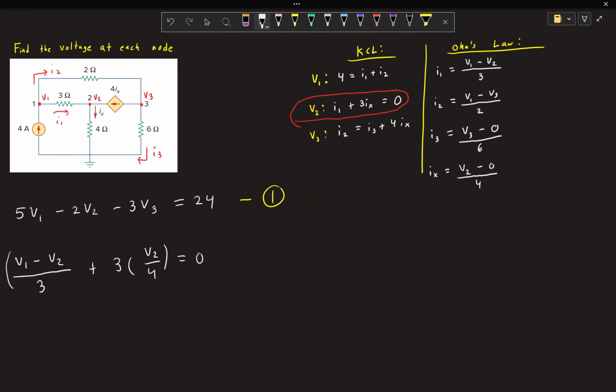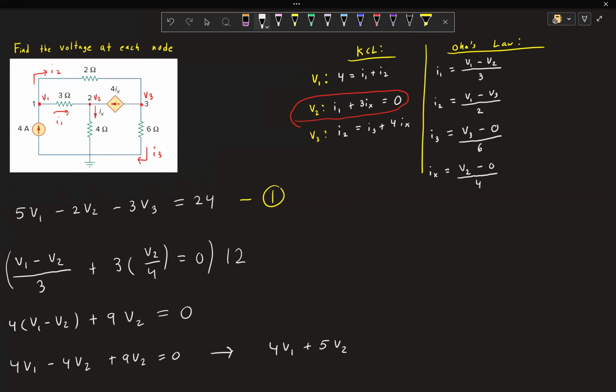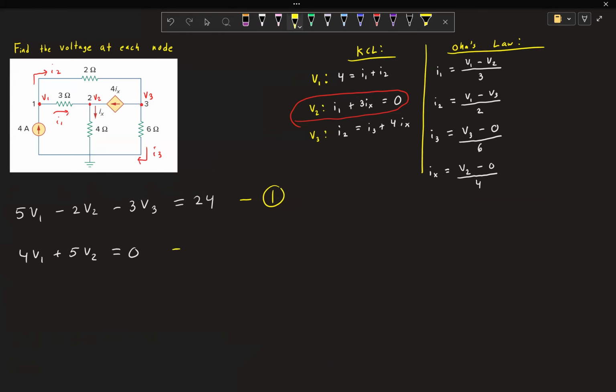So now we can multiply this entire equation by 12. 12 divided by 3 is 4 times V1 minus V2, plus 12 divided by 4 is 3, times 3 is 9 V2 equals 0. Then we just combine like terms, and we end up with 4V1 plus 5V2 equals 0. So that is our second equation.